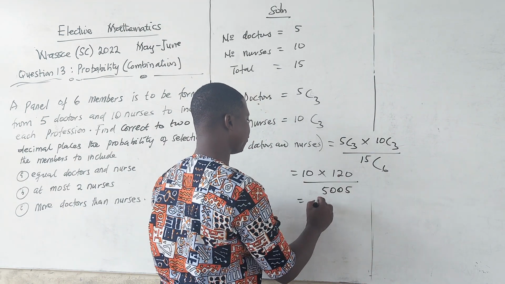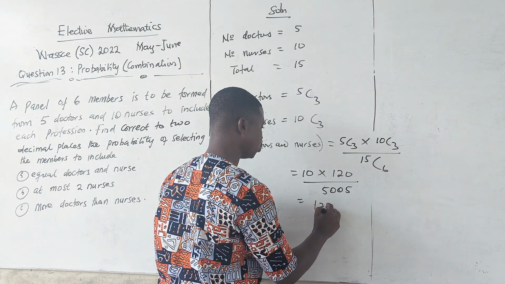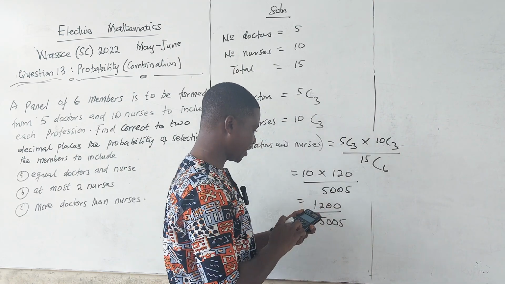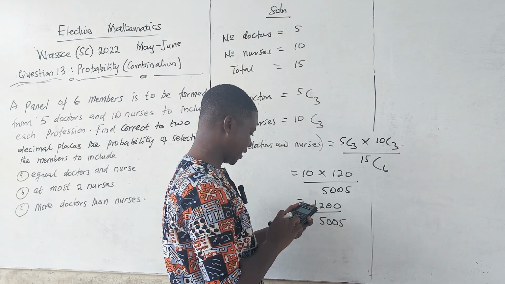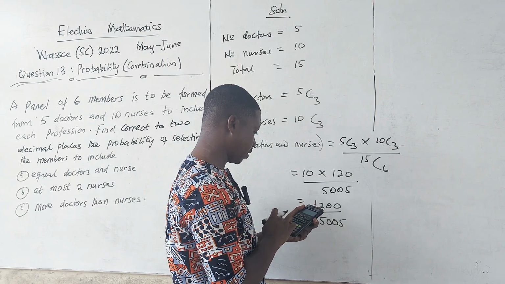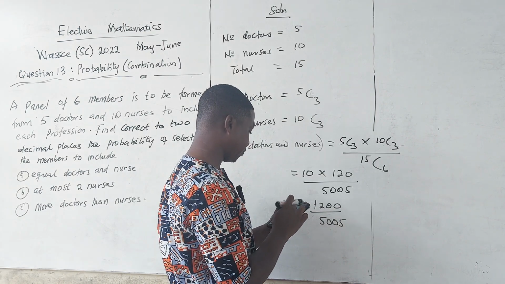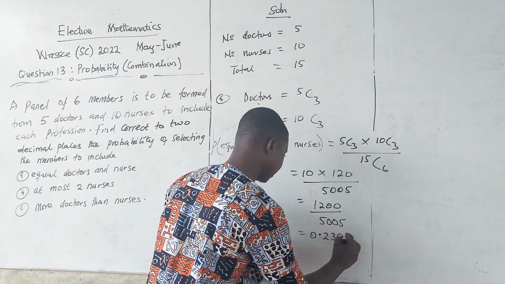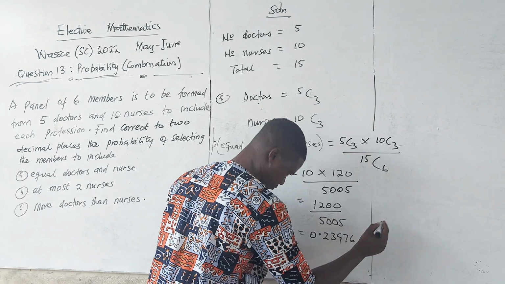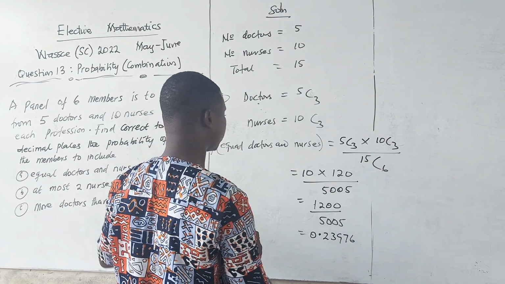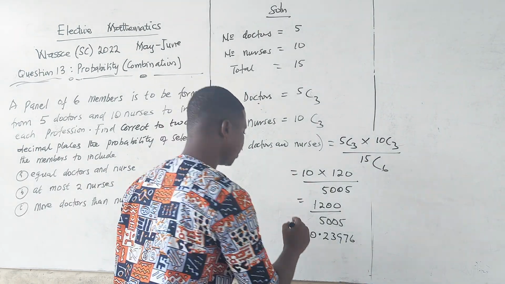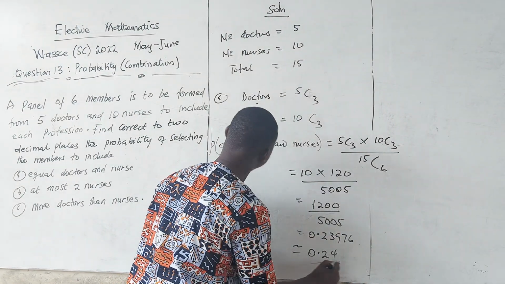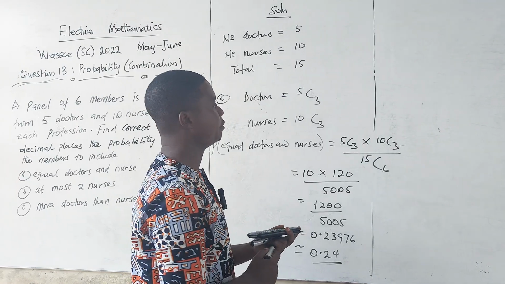So it means you are going to have 1200 over 5005. With this 1200 divided by 5005, we have 0.23976. But we are supposed to have 2 decimal places. So therefore, we have 0.24. And that is for our A.